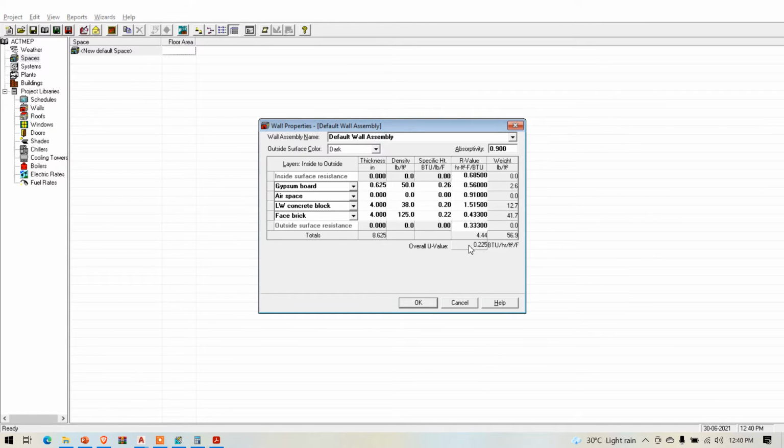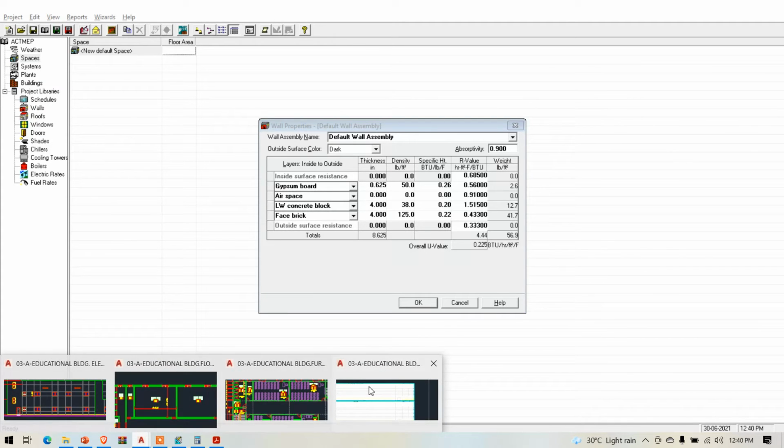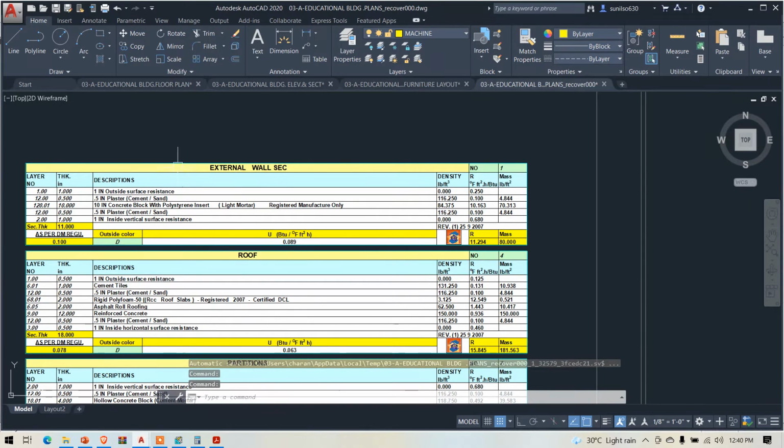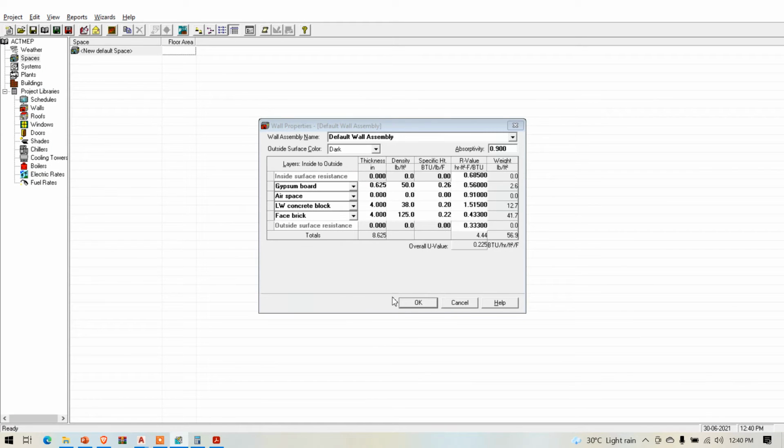But if I try to change it, the U value is not changing here. We get this U value from your architectural plan. This is my architectural plan, and here they give the external wall section, the entire property. So these values we have to mention here.